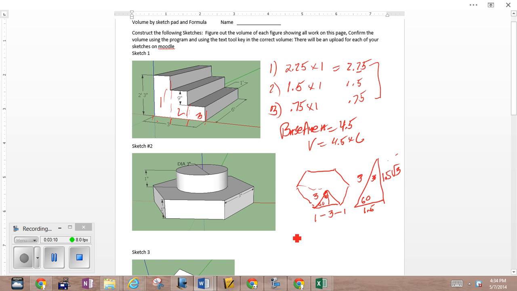So the base area for the hexagonal base is 1/2 the apothem, which is 1.5 radical 3, times the perimeter, which is 6 sides of 3, so that's 18.